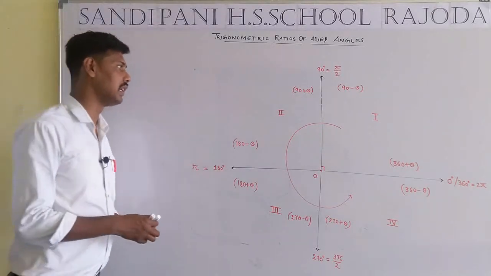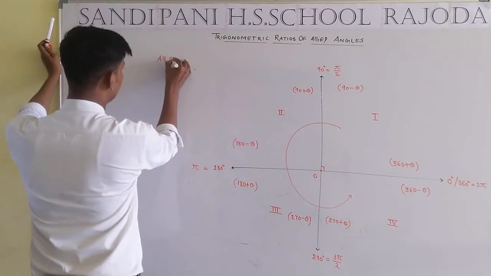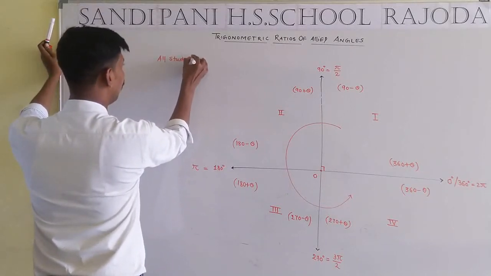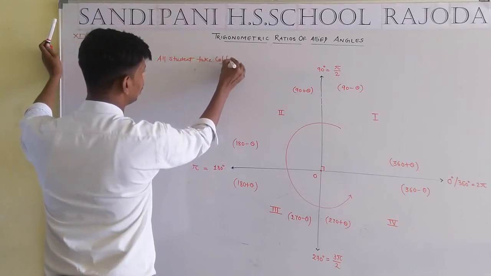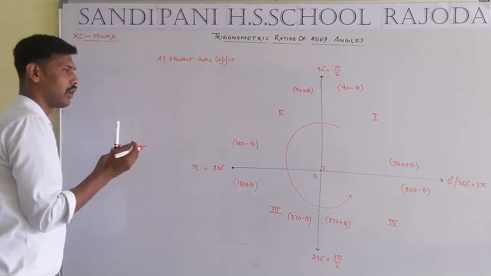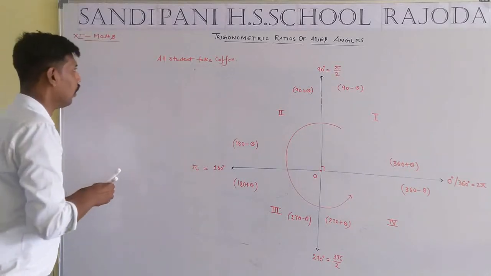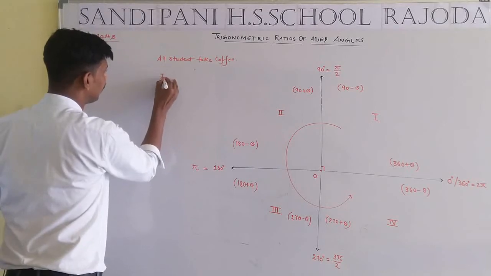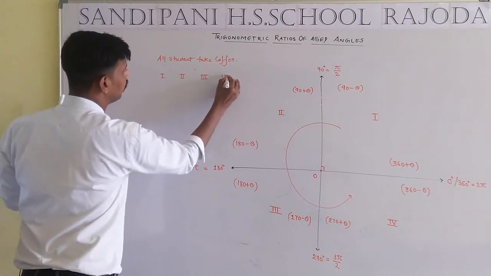A simple sentence, I have written a simple sentence: All student take coffee. What is the meaning of this sentence? All student take coffee, that means सभी छात्र कॉफी पीते हैं. Simply, All is for the first part, student for the second part, then the third part and finally the fourth part.